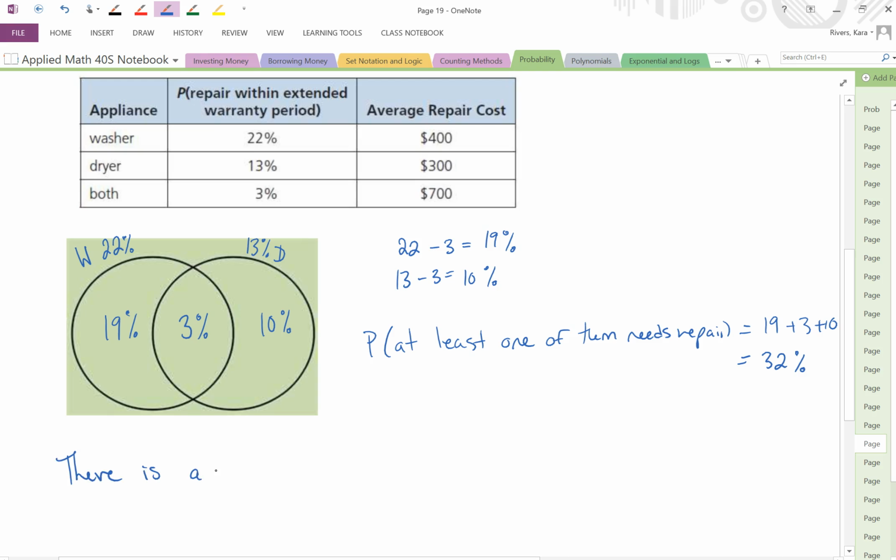So there is a 32% chance that repair is needed. I believe this is low, so I wouldn't buy the warranty.